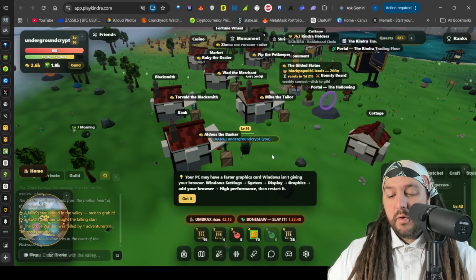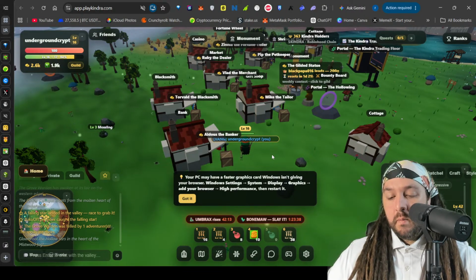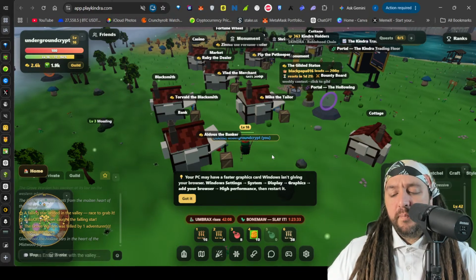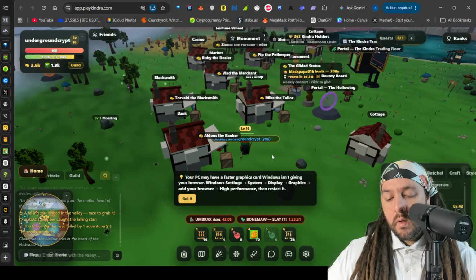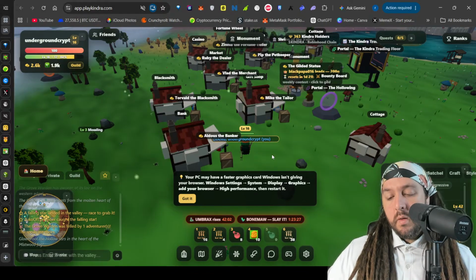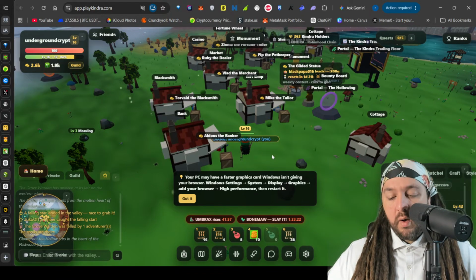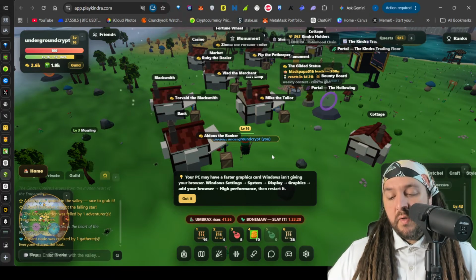Play a web browser, but can't connect a wallet. Wait, you can't connect a wallet? I'm using Rabby Wallet. There is a racing type kart game coming out. Okay, I'm here for that.